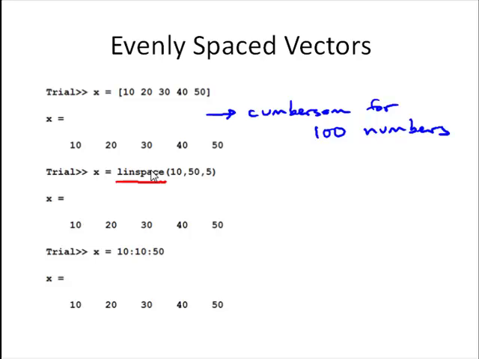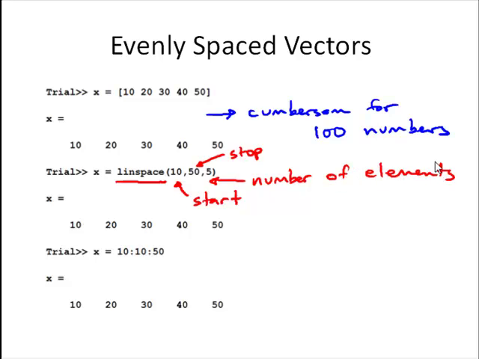That's short for linear space. And for that function, we have the start value as the first input, the stop value as the last input, and 5 would be the number of elements. So you could read that as saying create a vector x with 5 elements starting at 10 and ending at 50.